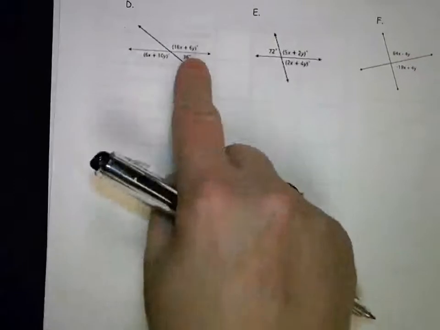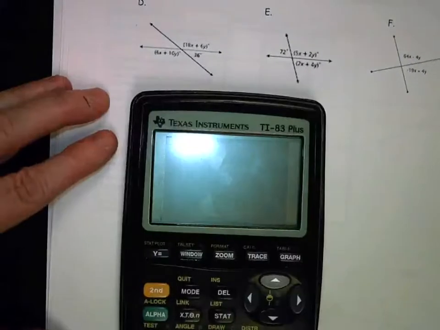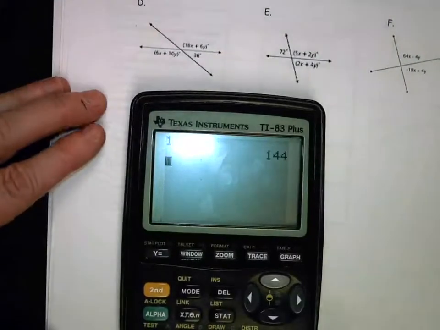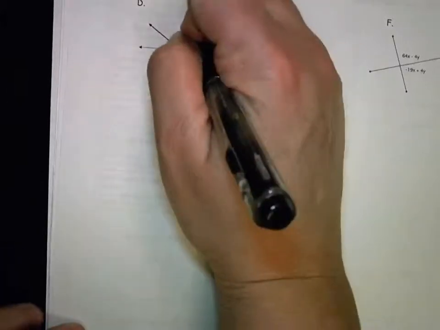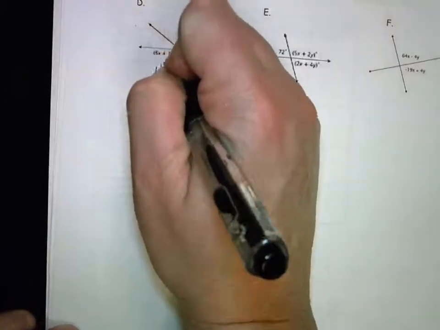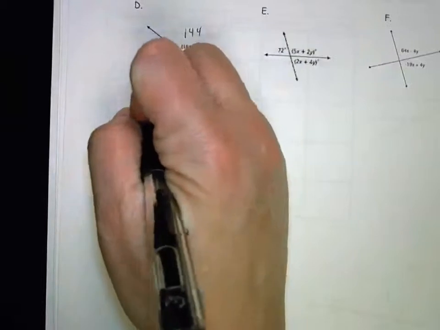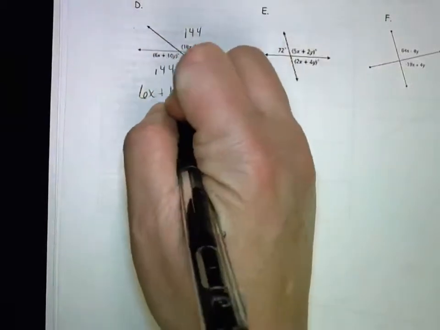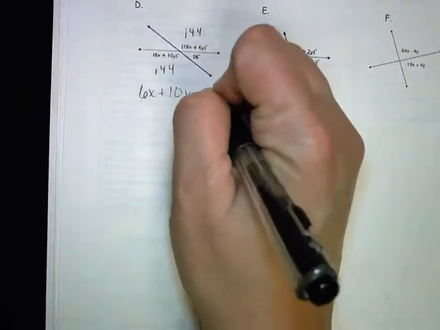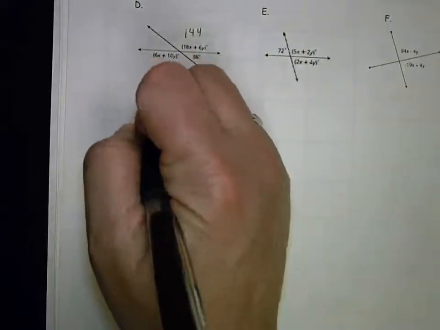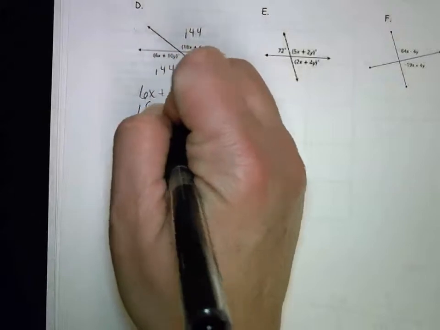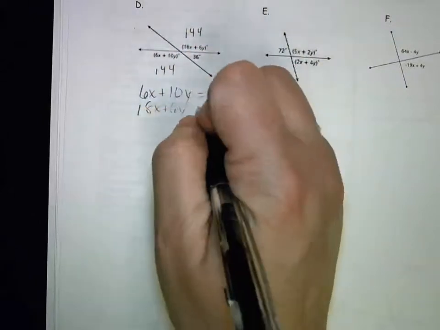And we have a couple more at the top of the next page. This is 36. So 180 minus 36 is 144. And then we have 6x plus 10y equals 144. And 18x plus 6y equals 144.